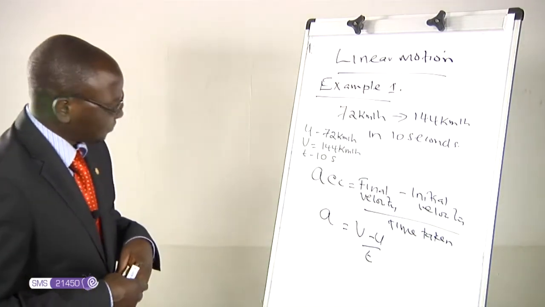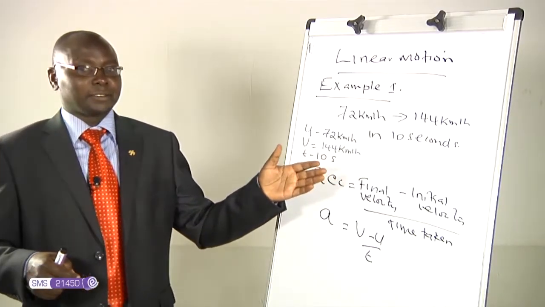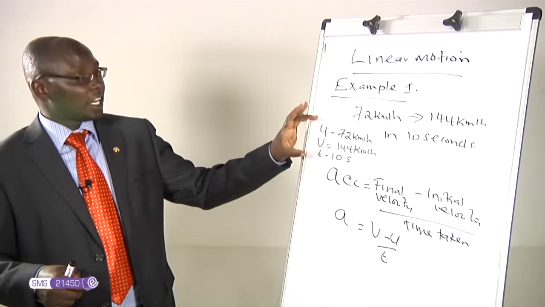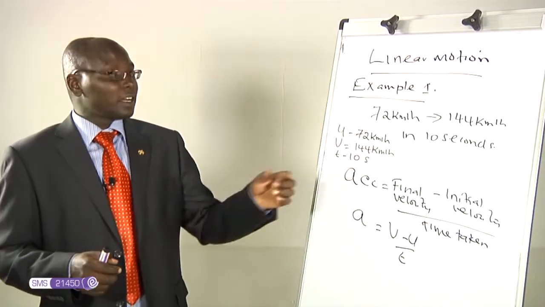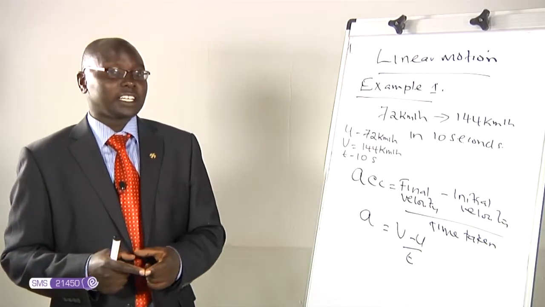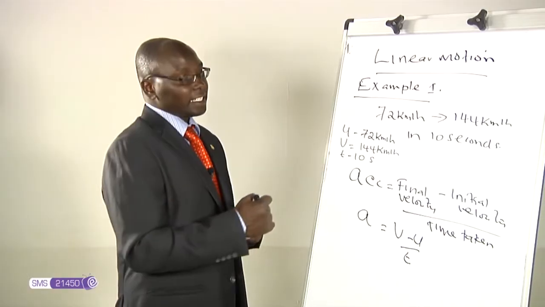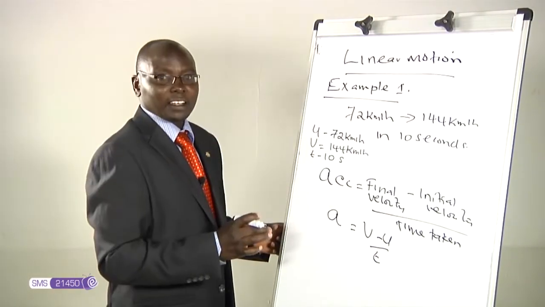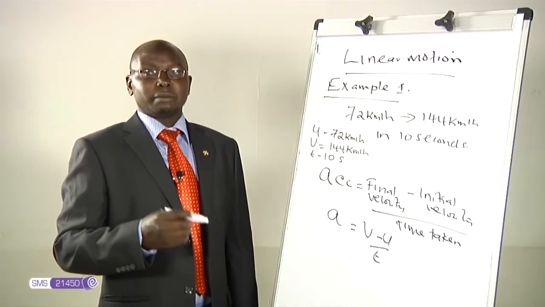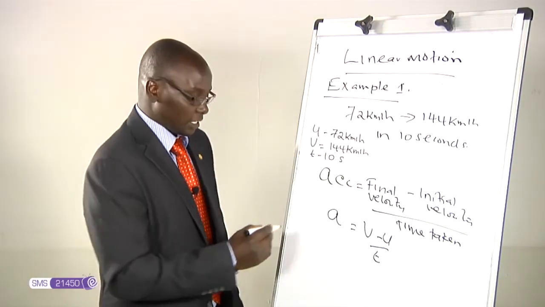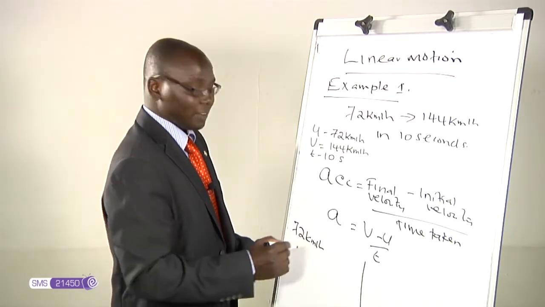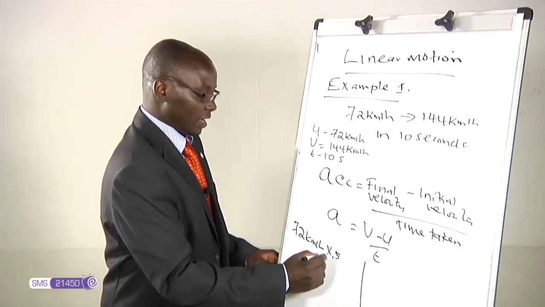We normally work with SI units, so we cannot work with kilometers per hour. The first thing we do is change the velocities into meters per second, and we do that by multiplying by 5/18. So 72 kilometers per hour multiplied by 5/18.